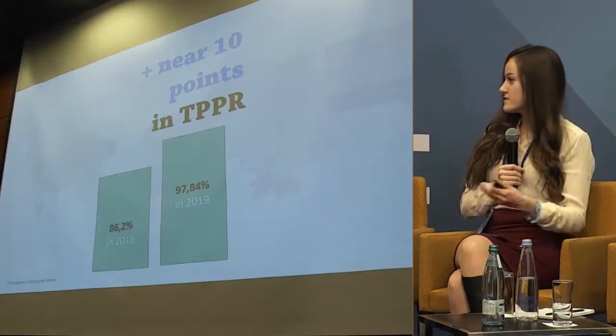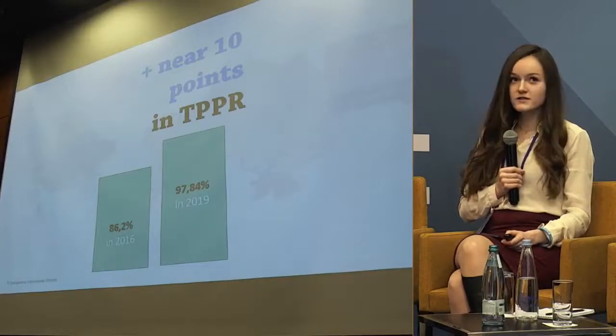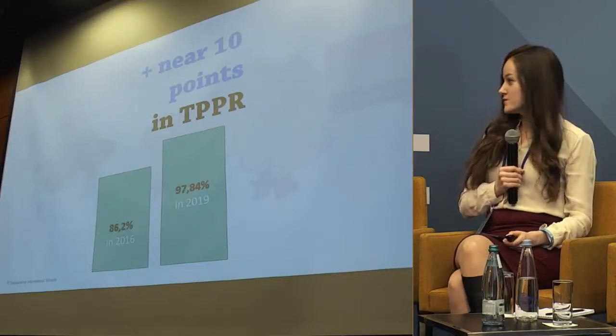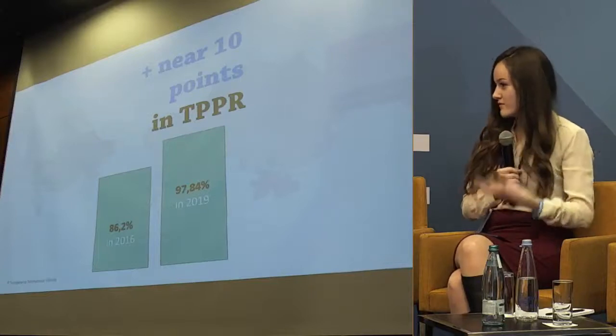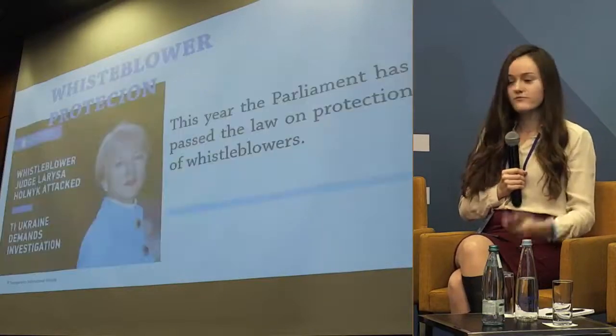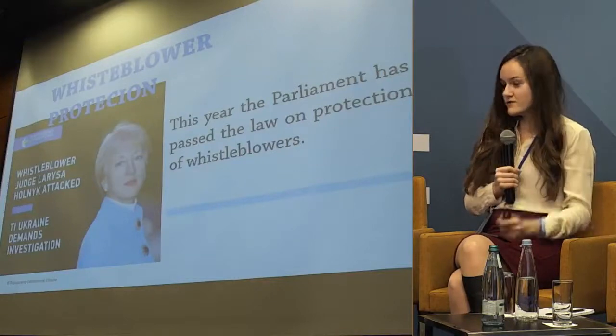So it's nearly 10 points in the rating, and I decided to show you one indicator that is perhaps the most important for me and for civil society, as I am a representative of civil society.